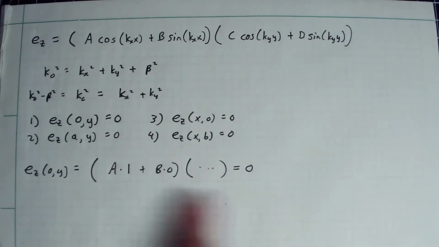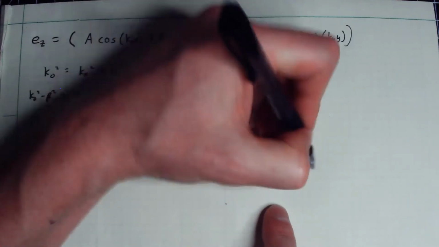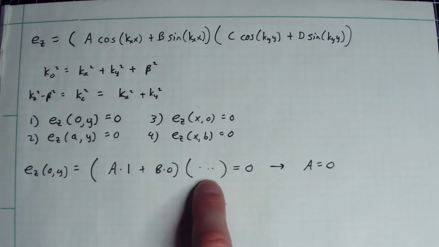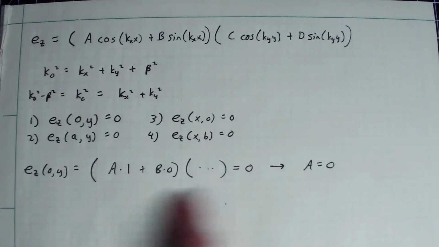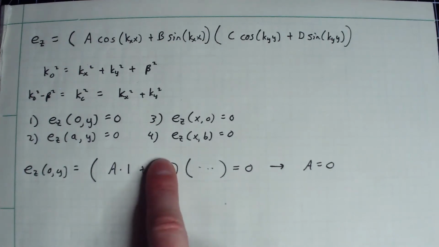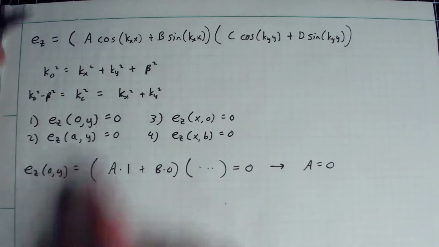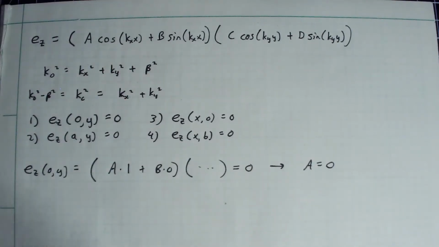So when you divide out everything, this all implies a has to be 0. Because this thing is a function of y, I can divide it out, and this thing here disappears because it's 0. So you just get a equals 0 immediately out of that condition. So in other words, this guy here is not allowed in my solution because it will not satisfy this boundary condition.